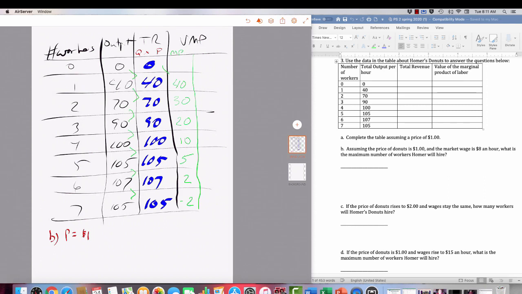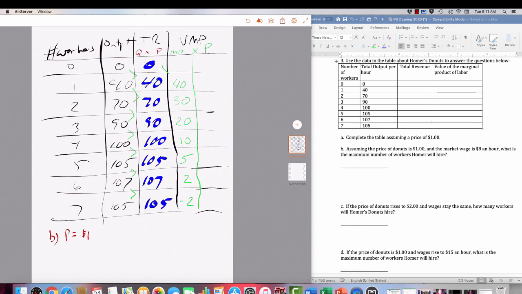That's the marginal product. The value of the marginal product is the marginal product times the price. Now the price is $1, so this should make our math really quite simple. So here are our answers for the value of the marginal product.